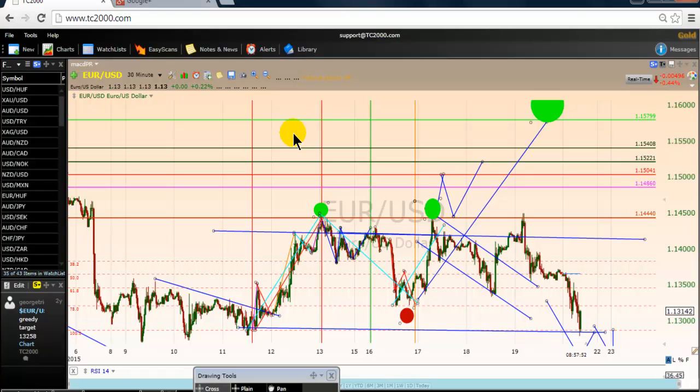All right, so the market sentiment towards the euro is bearish right now, first due to quantitative easing in the eurozone, and also because there is this discussion going on.